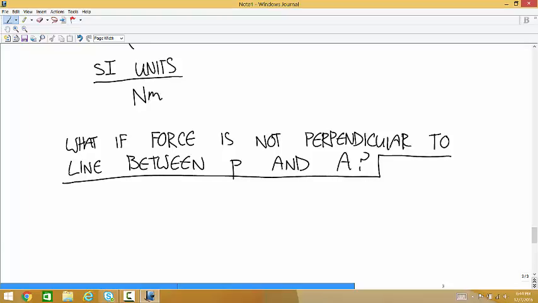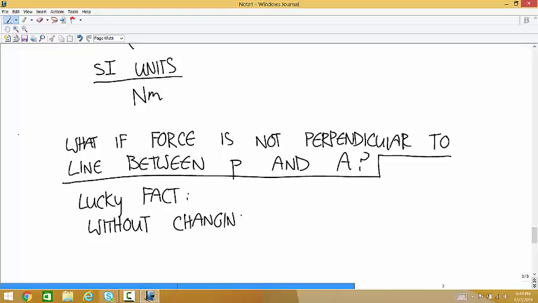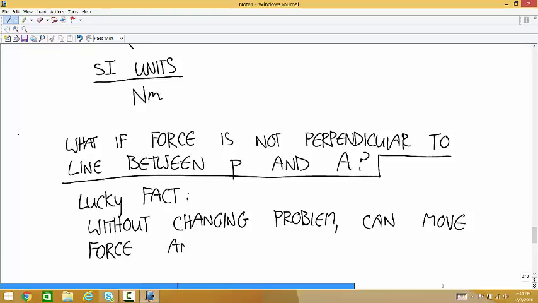Well, it turns out, without changing the problem, so here's a lucky fact. Without changing the problem, you can move the force anywhere along its line of action.